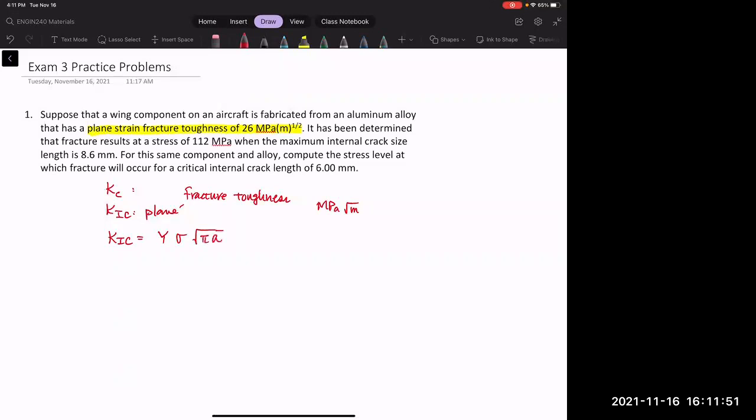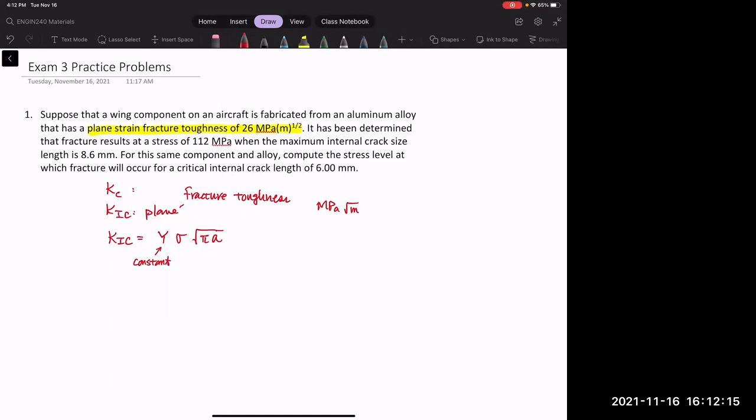Y is a constant. It's not yield stress. It's not Young's modulus. So don't mix this up with Young's modulus, etc. This is just a constant that depends on the situation and the material that you're using.